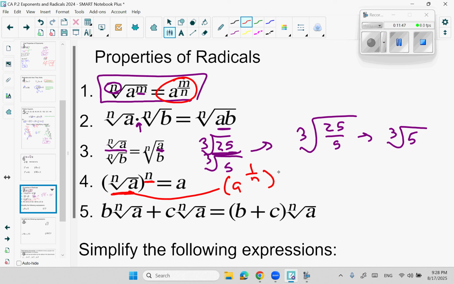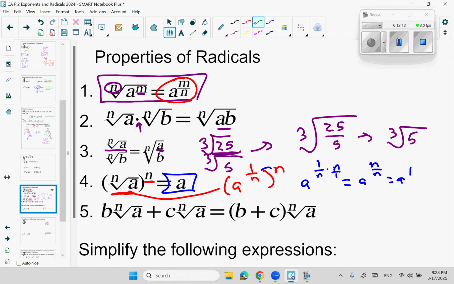Well, I'm raising it to the power of n, so those things get multiplied. Well, what is 1 to the power of n times n? Or in this case, n over 1. That would just give me 1n over 1n. Well, anything divided by itself is always 1.